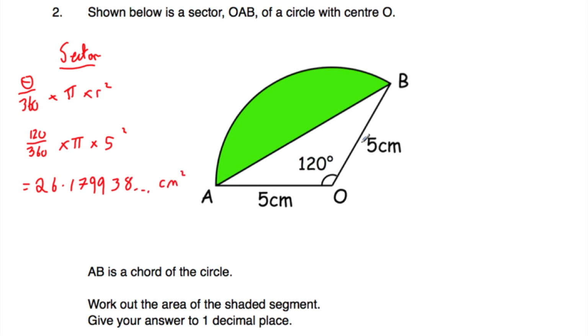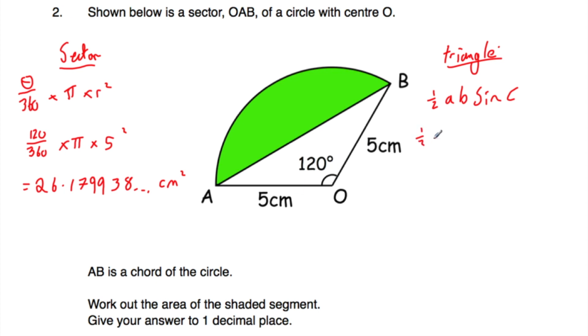Now let's find the area of the triangle. Now with this triangle, we've got two sides and the angle in between them, so we're going to use a half ab sine C to find the area of this triangle. So let's write that down, the triangle, and we're going to use a half ab sine C. So the area of a triangle is found by half ab sine C, where a and b are two sides and C is the angle in between them.